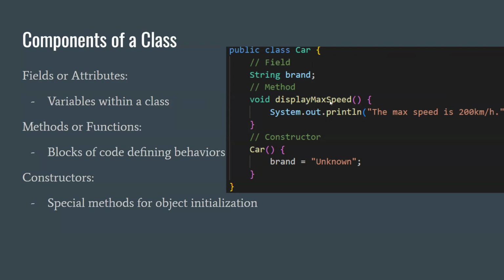The displayMaxSpeed method prints a message to the console saying the max speed is 200 kilometers per hour. And this constructor initializes brand to unknown when a car object is first created.